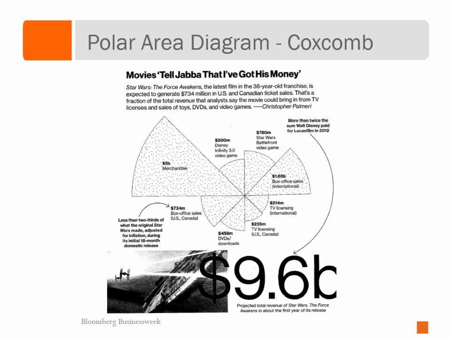This was Infinity 3.0, this was Battlefront, the international box office, TV licensing, U.S. and Canada and international, DVDs. It covers basically less than 2/3 of what the original Star Wars made, adjusted for inflation.